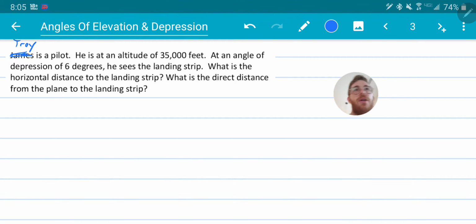All right, so the first thing that I recommend doing is drawing a picture. Draw a nice picture. So I'm going to give myself a plane. Troy's in that plane. Altitude of 35,000 feet.